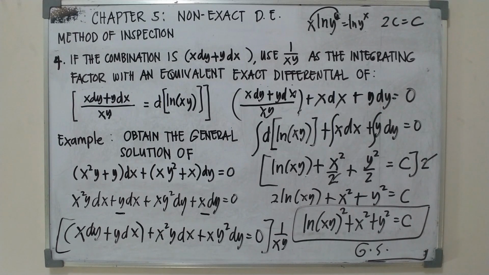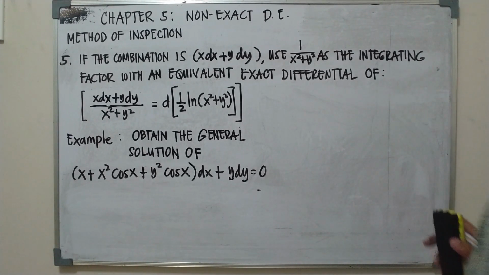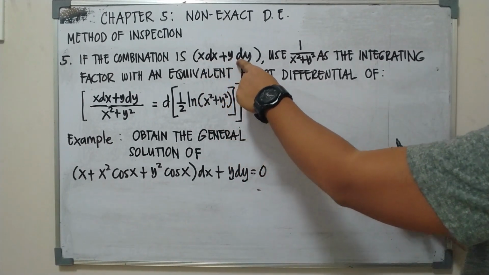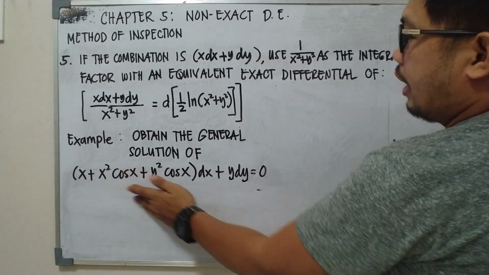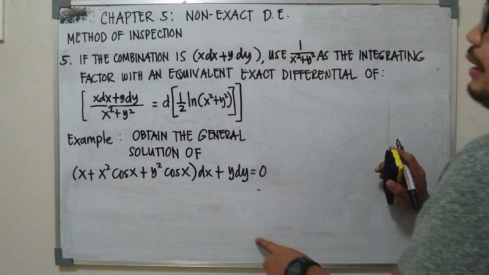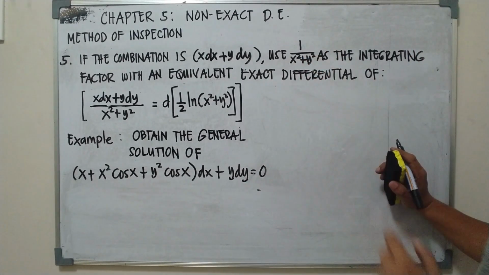Now, the fifth combination, the last one. Let us continue. We have combination number 5. If we have x dx and y dy that we see after inspecting our non-exact differential equation, the integrating factor we will use is 1 over x squared plus y squared.